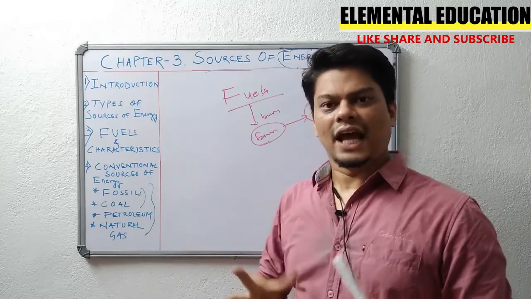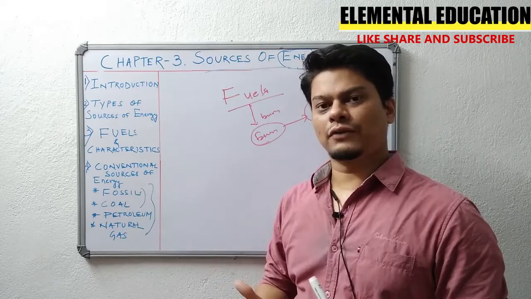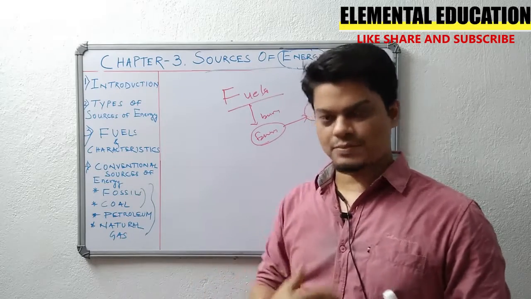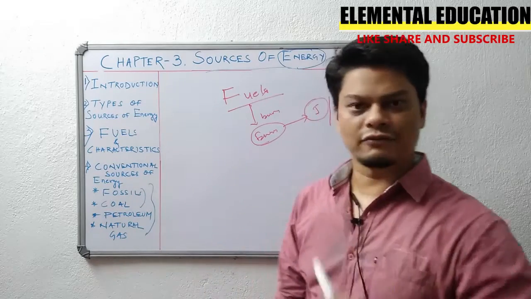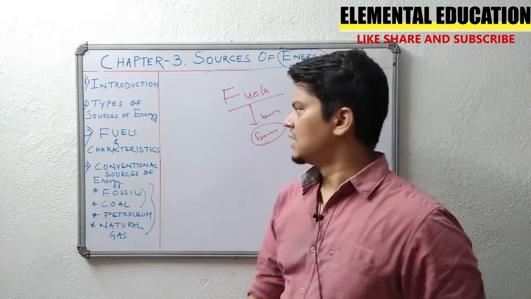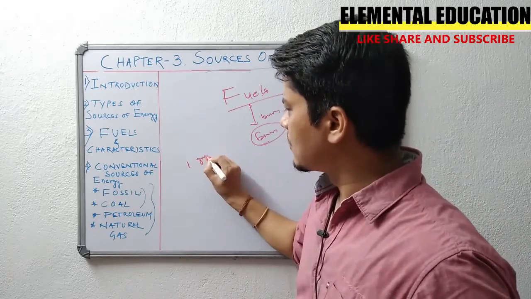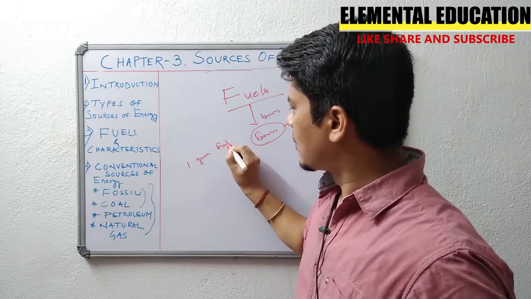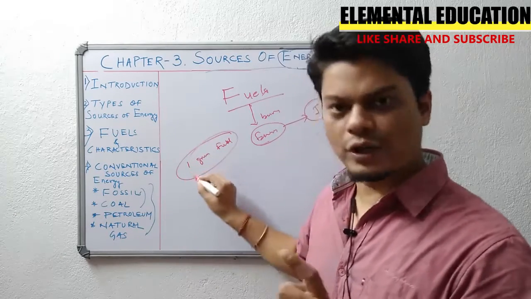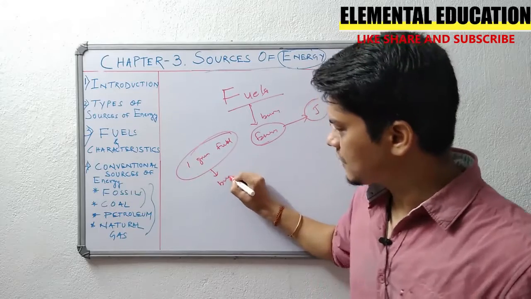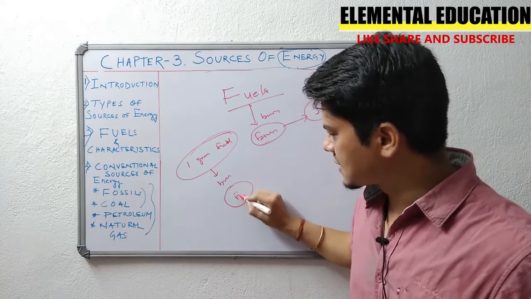Now let us see what the calorific value of a fuel is. I told you just 2 minutes before in this introduction that calorific value should be good or high. So what is the calorific value of a fuel? It means if I burn 1 gram of fuel, it gives some energy.